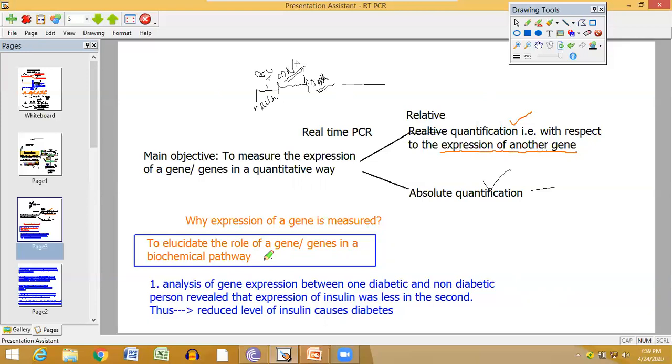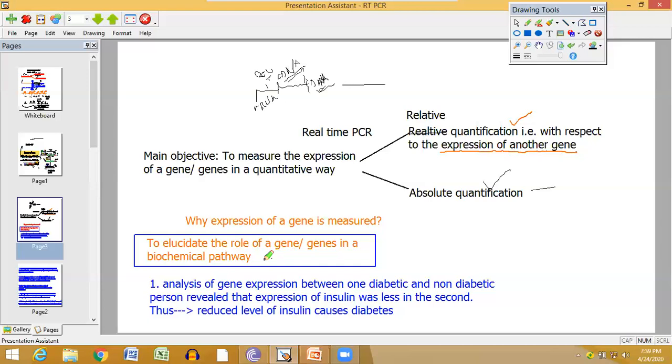So if you find that the expression of a particular gene is altered from a normal cell, then what can you interpret? That definitely, under that challenge condition or stress condition or disease condition, the gene is switching some biochemical pathway.